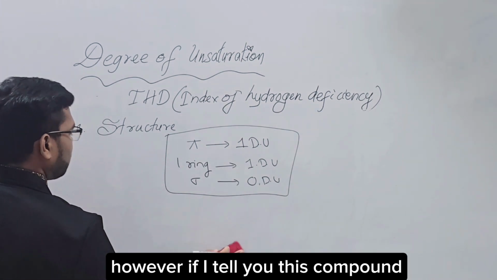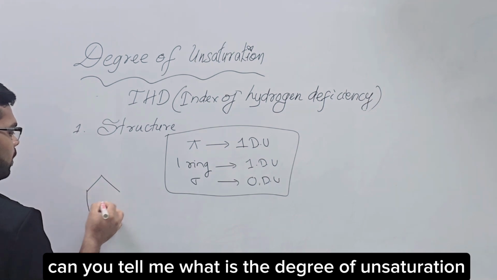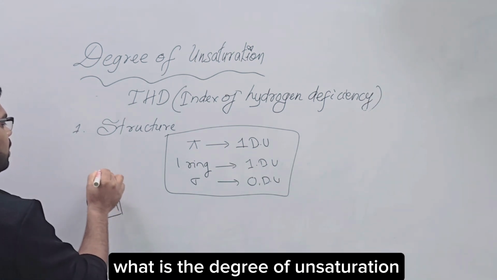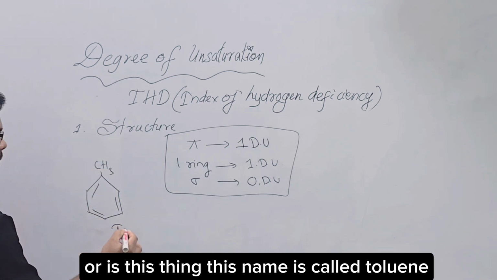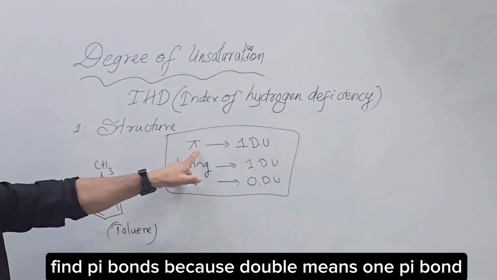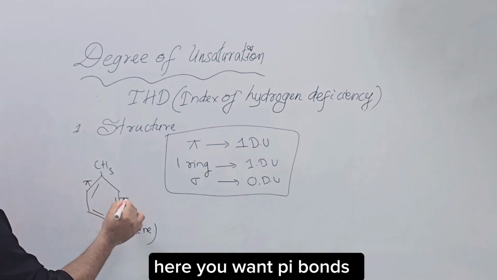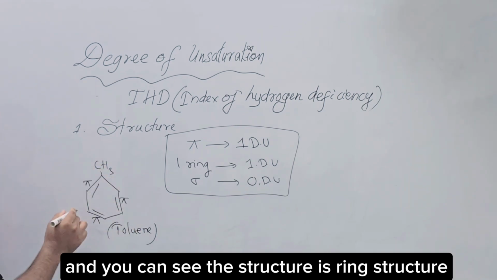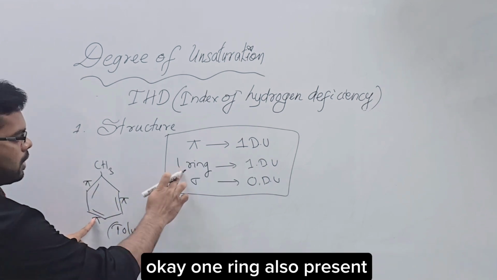However, if I show you this compound, can you tell me what is the degree of unsaturation? This compound is called toluene. Find the pi bonds, because double bonds mean 1 pi bond each: here 1 pi bond, here 1 pi bond, here 1 pi bond. And you can see this structure is a ring structure, so 1 ring is also present.